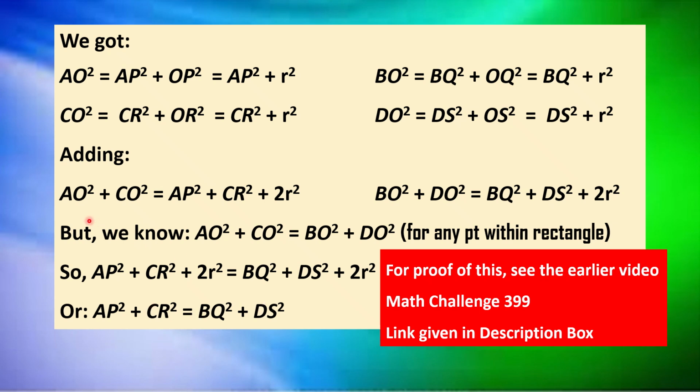This depends on this relation, AO square plus CO square equal to BO square plus DO square, and if you want the proof, see the Math Challenge 399 video. The video link is given in the description box. Now putting the values and cancelling out 2R square from both sides, we get AP square plus CR square equal to BQ square plus DS square.